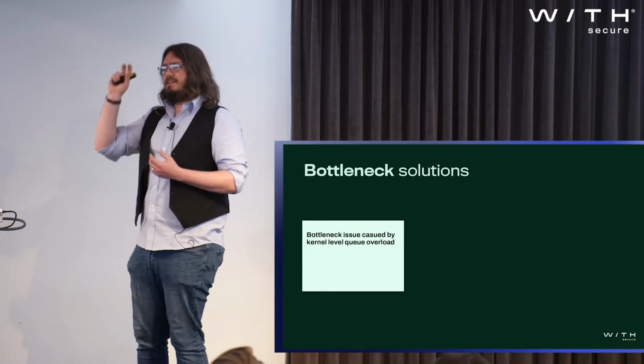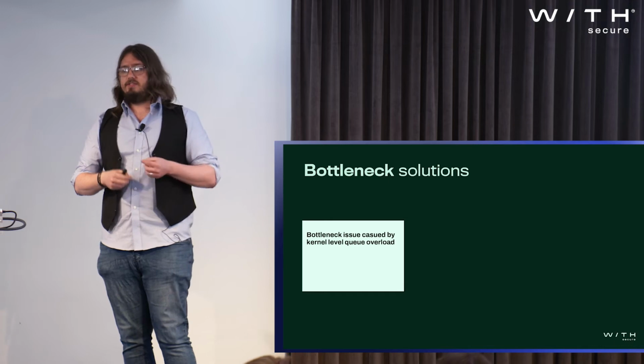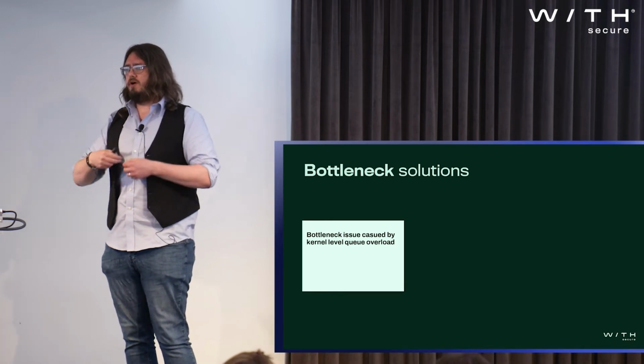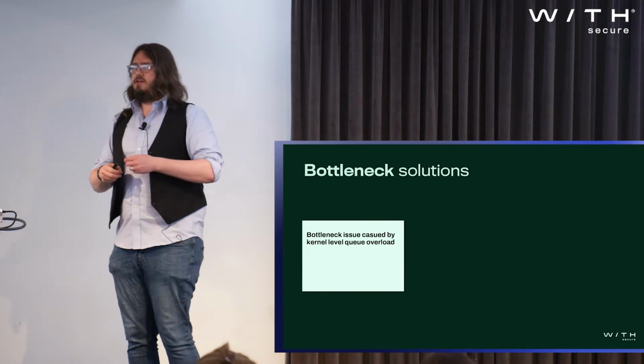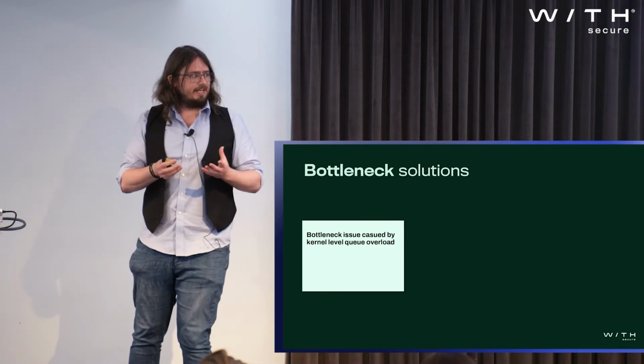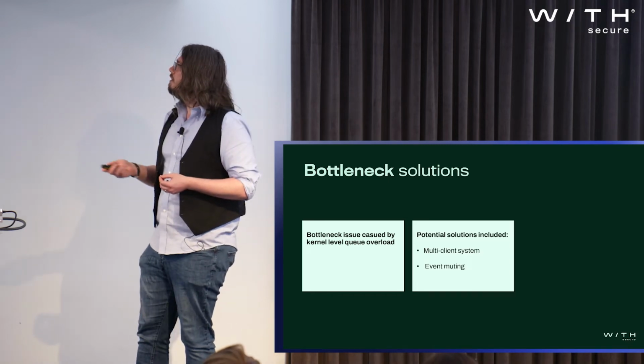But this queue in the kernel space was being overloaded. Because of this, data events were being silently dropped on the kernel level without an indicator to the user space, meaning you got a lack of data or inconsistent data without being alerted that this was happening, which is very frustrating.